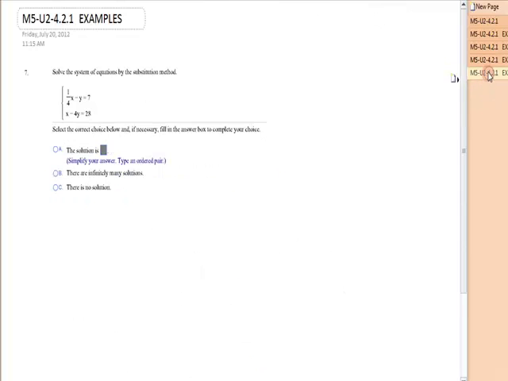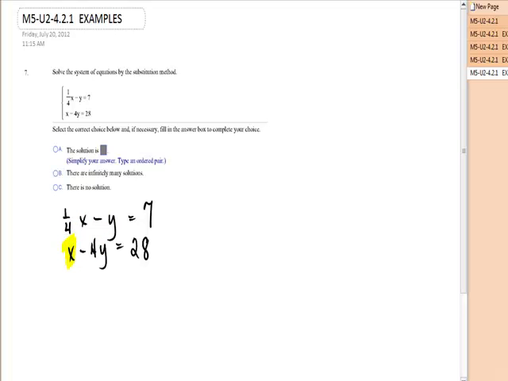All right, one more problem. Let's see what we get. We have 1/4 x minus y is equal to 7, and x minus 4y is equal to 28. Well, if you want to use substitution, which of these four variable terms would be easiest to solve for?